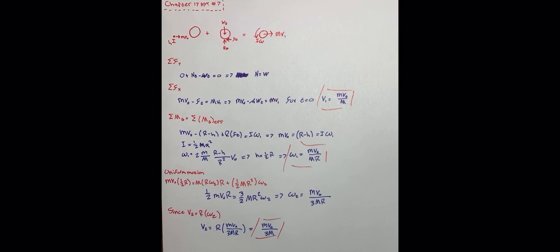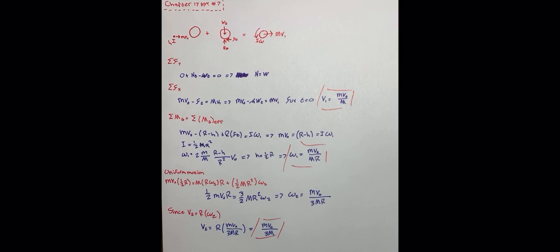And then for the uniform motion part, we know that mV0 times h, or 1/2 R, is equal to MR omega times R plus 1/2 MR squared times omega. Simplifying that down, we have 1/2 mV0 R is equal to 3/2 MR squared omega.